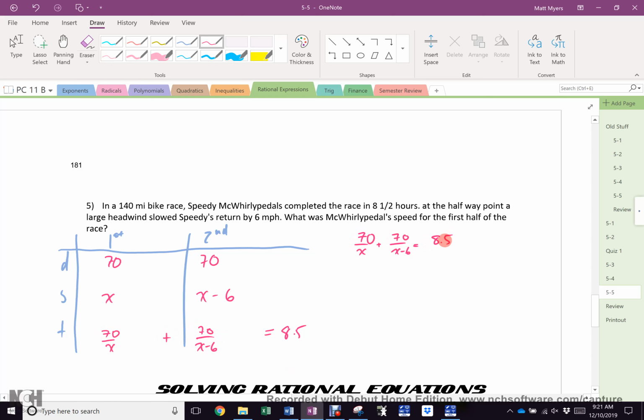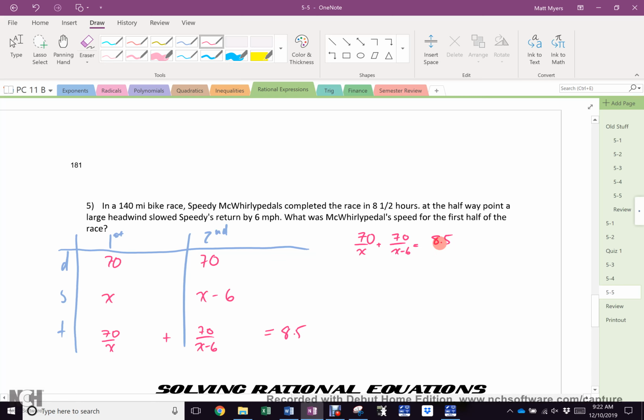Now, I would do something to get rid of that decimal right now if I was worried about it. I'm not worried about it. But you might be. So what could you do to get rid of that decimal right now?